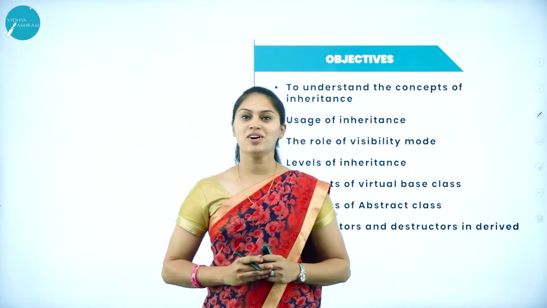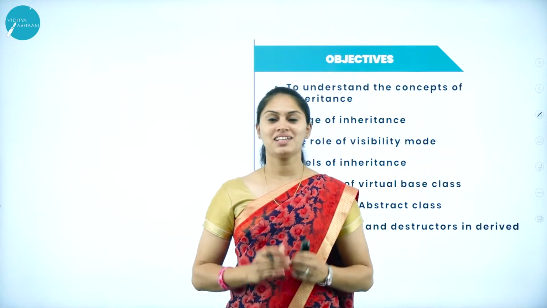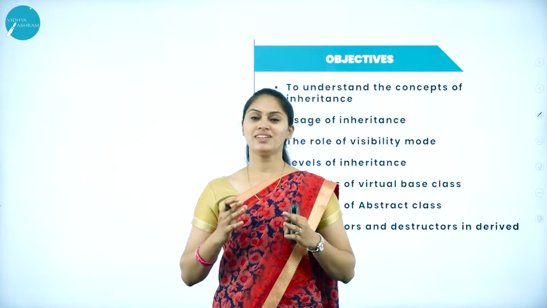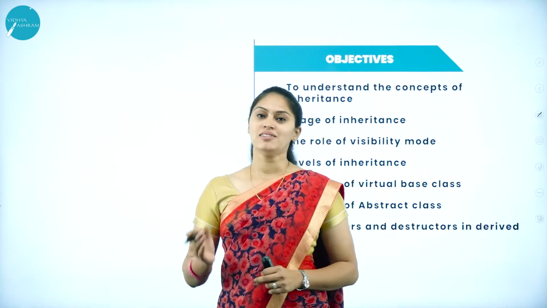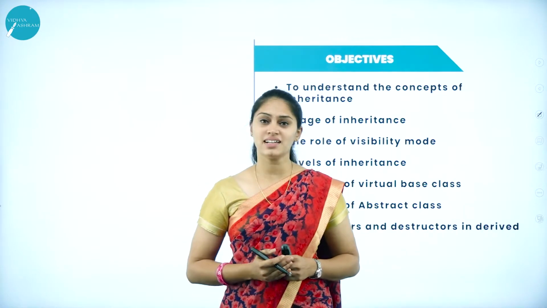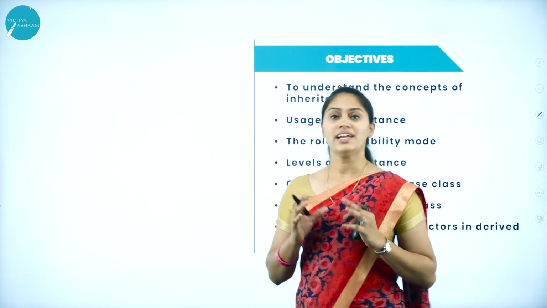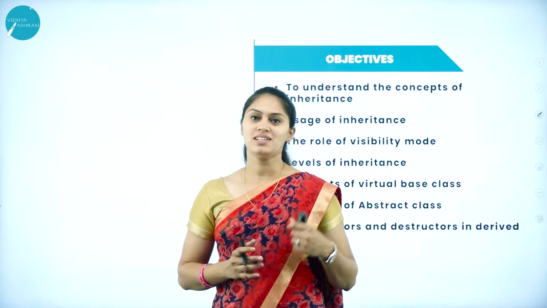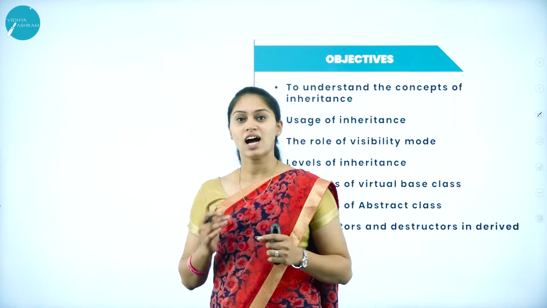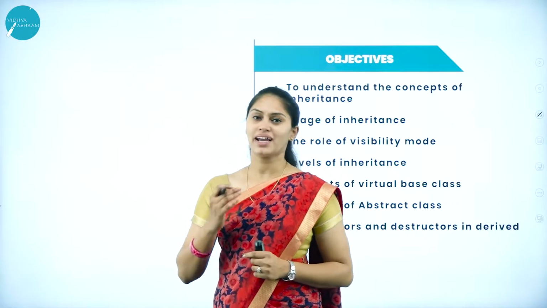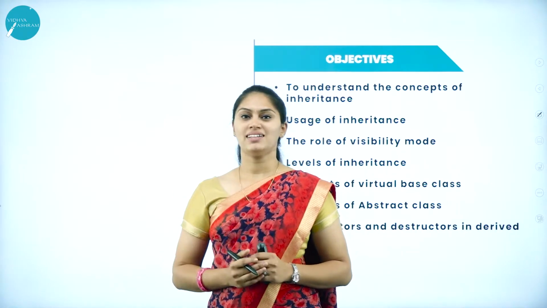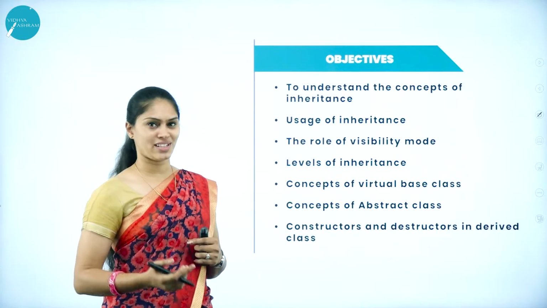The main objective of using object-oriented programming is to provide data security. So with the help of visibility mode, we're going to see how data will be secured. That means how I can control the visibility of my content from one class to another class. That is what I am going to discuss with you.